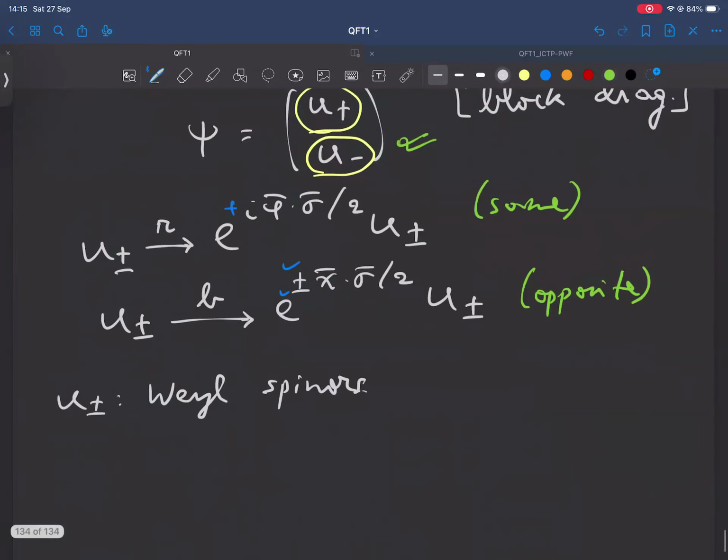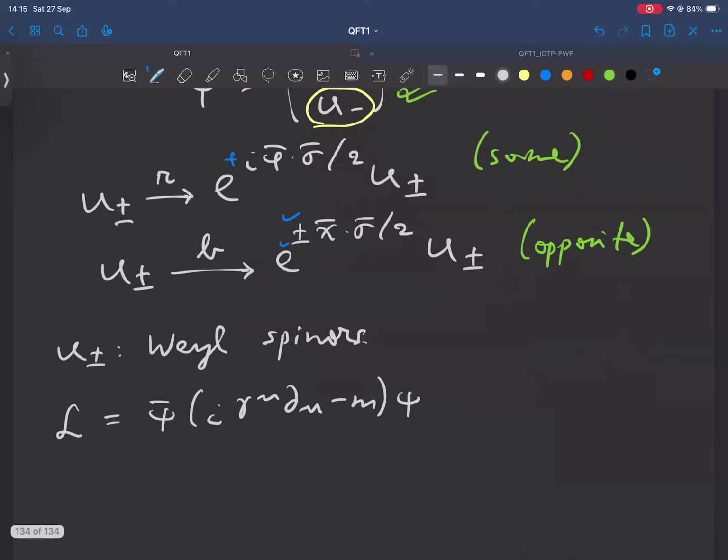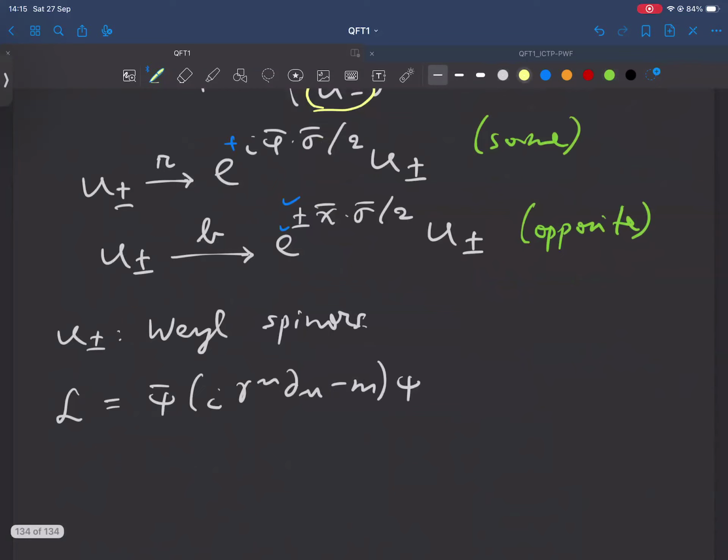Now, if you write down the Dirac Lagrangian, which was given like this, psi bar, i gamma mu del mu minus m, psi. Here let me introduce a notation.